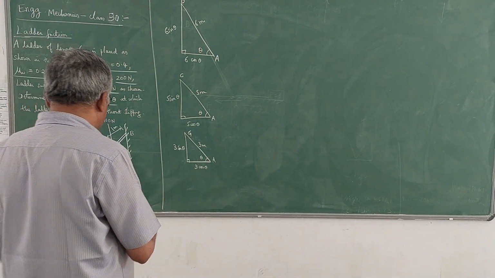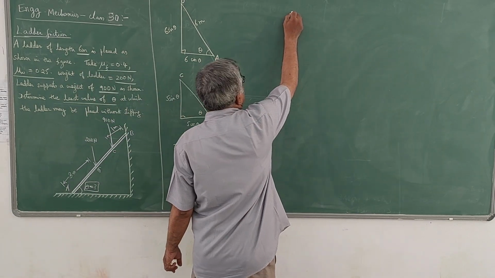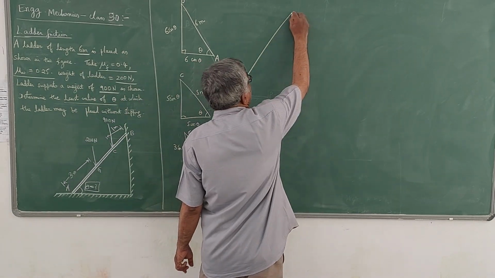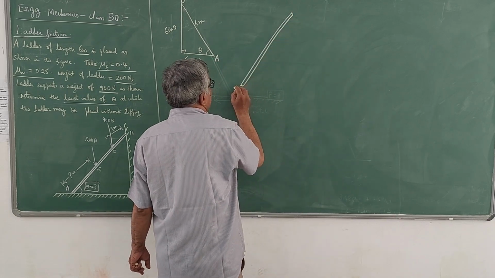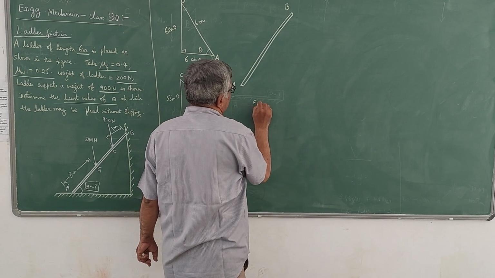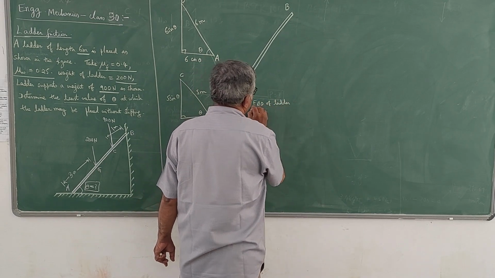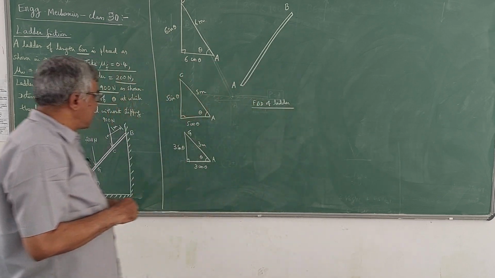Now if you write the free body diagram of the ladder, it will be something like this. So AB is the ladder. Now I am writing the free body diagram, FBD of the ladder, by replacing the contact points by the respective reactions.